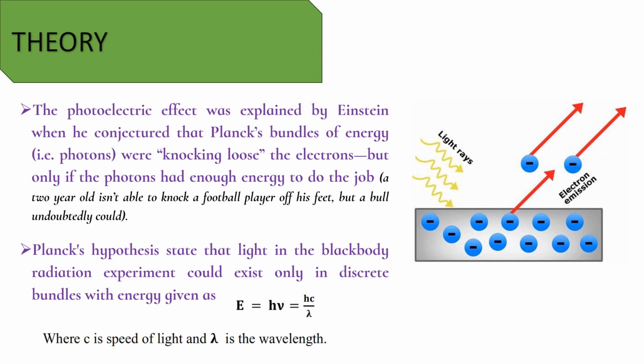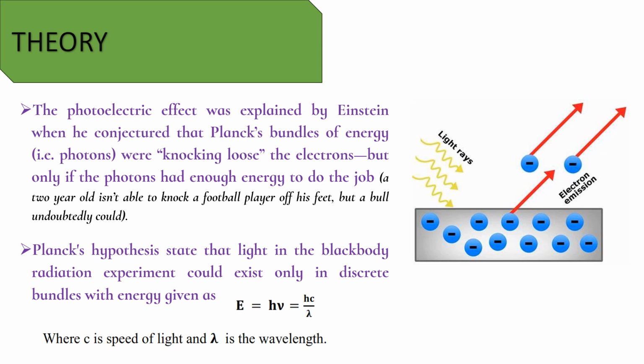But when you ask somebody who is a bull to come and knock down a football player, you will agree with me that that is possible. So before photons will be able to knock out electrons from any metal surface, they must have enough energy to be able to do the job.